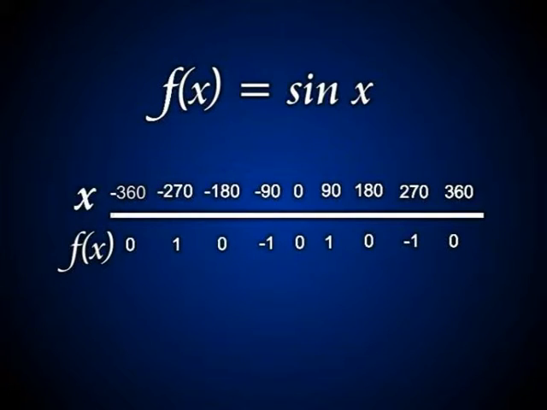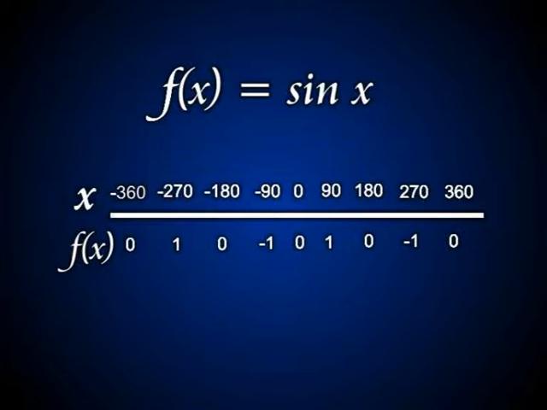My table is going to look like this. My x values, I'm going to start at negative 360 degrees and I'm going to climb in intervals of 90 degrees. It will be negative 360, negative 270, negative 180, negative 90, 0, 90, 180, 270 and 360 degrees.